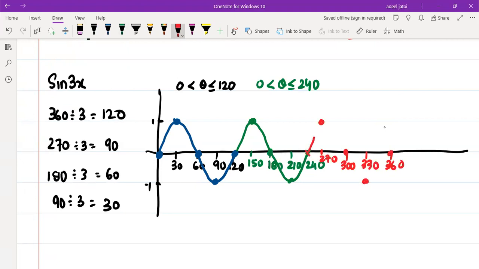Now this graph becomes what? Your third cycle. If the question would have said 0, 360. Do you agree? That means till 360 we will have how many graphs? 3 graphs.